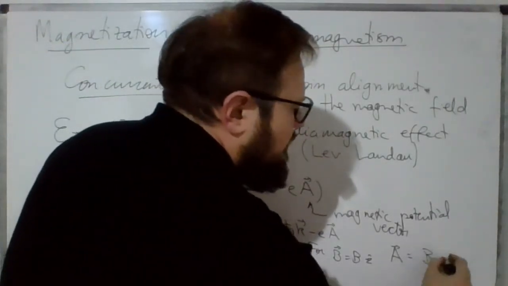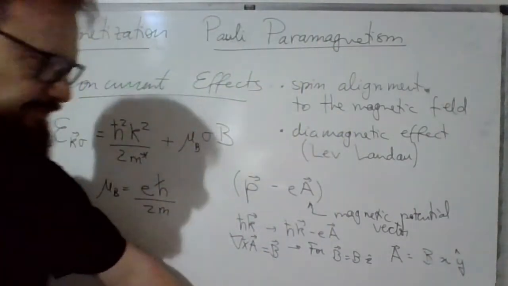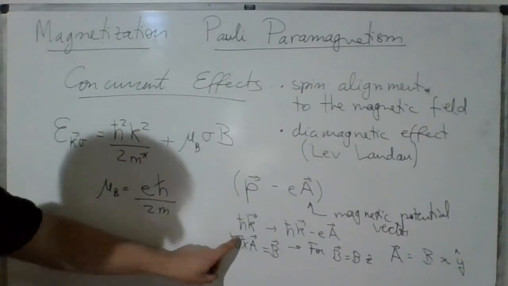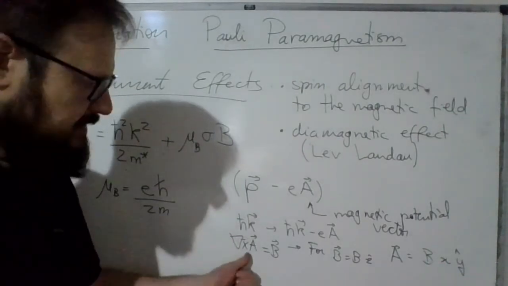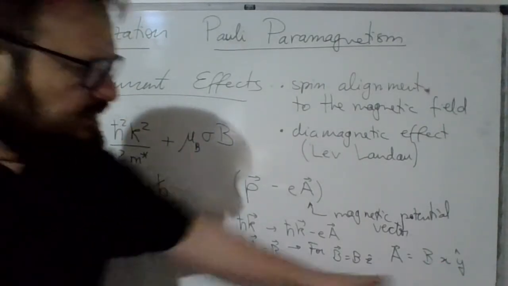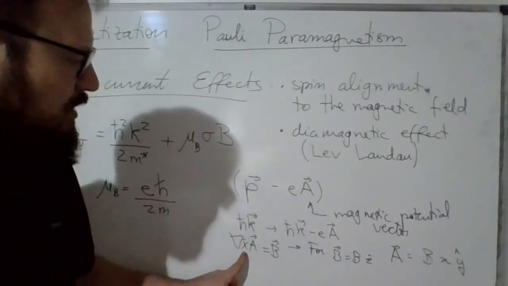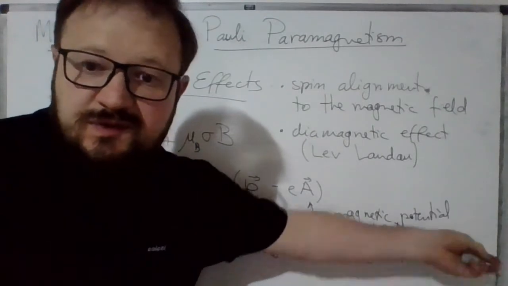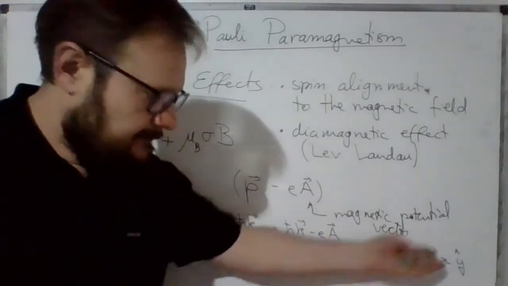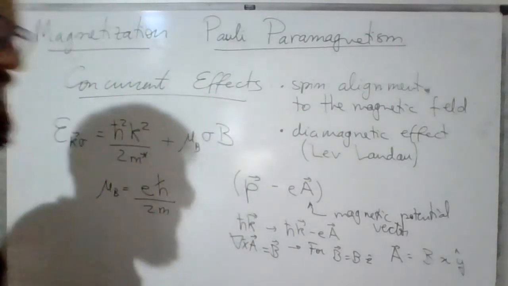Or if you prefer, B times x in the y direction, because the derivative with respect to x coming from this nabla operator operating on that will produce the factor B, and x cross product with the y produces the proper field in the z direction.